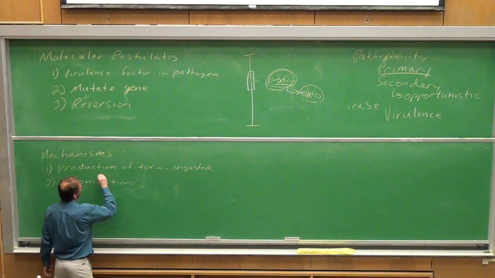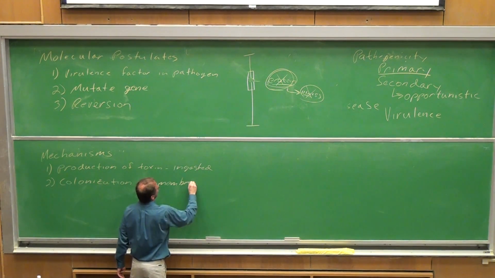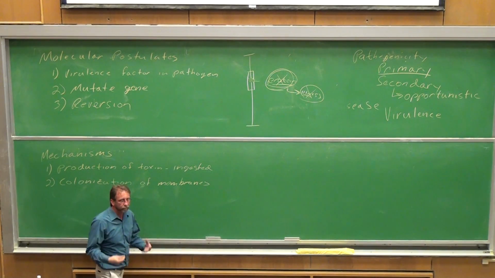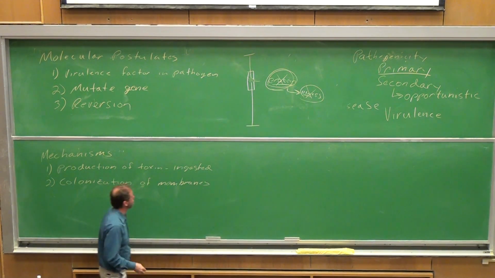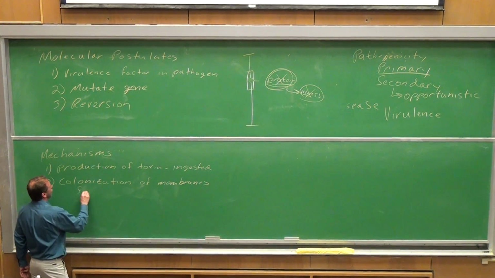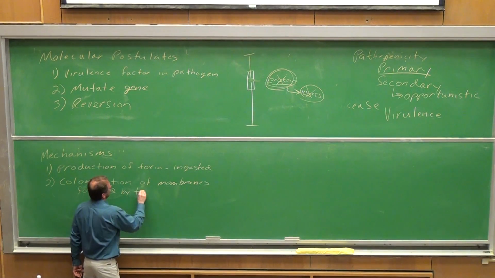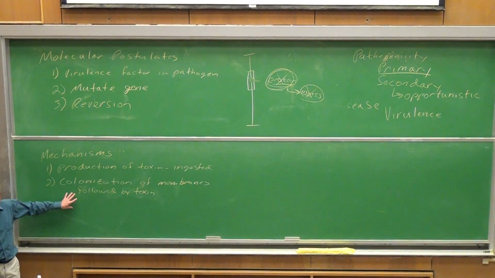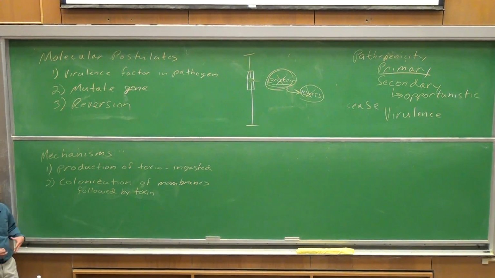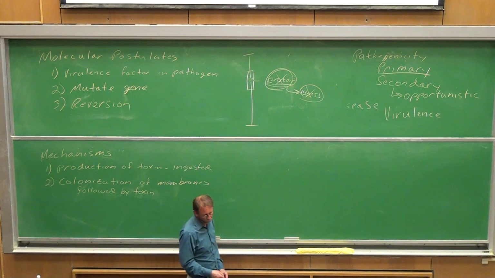Second, colonization of membranes, followed by toxin production. Example of this is Vibrio cholerae, colonizing the small intestines, producing a toxin that causes the condition.